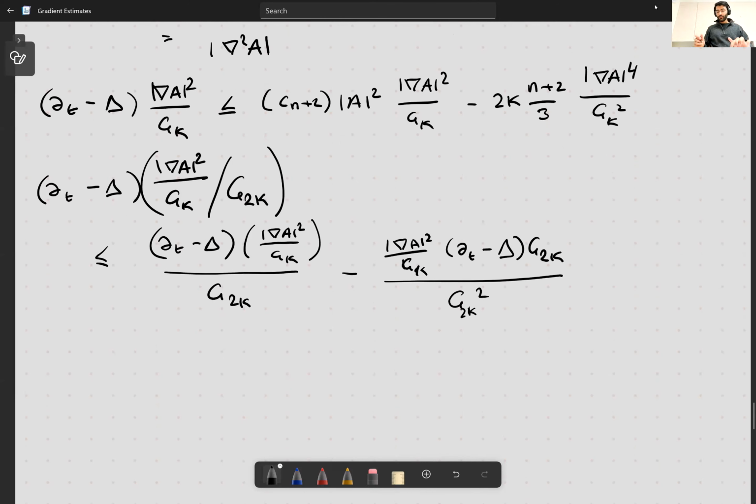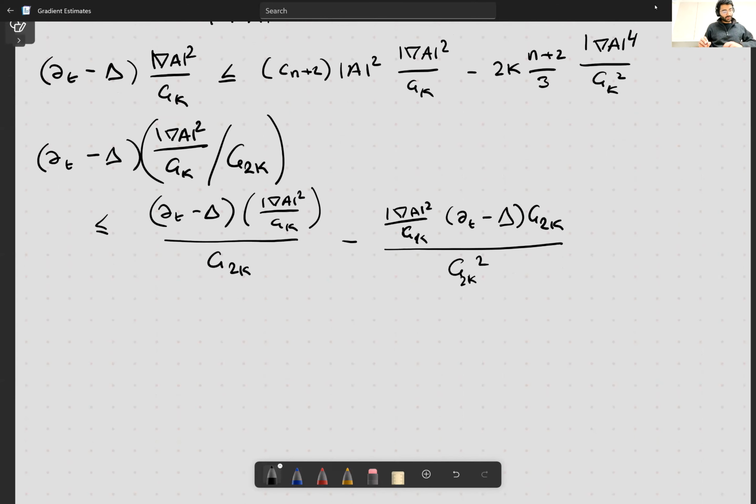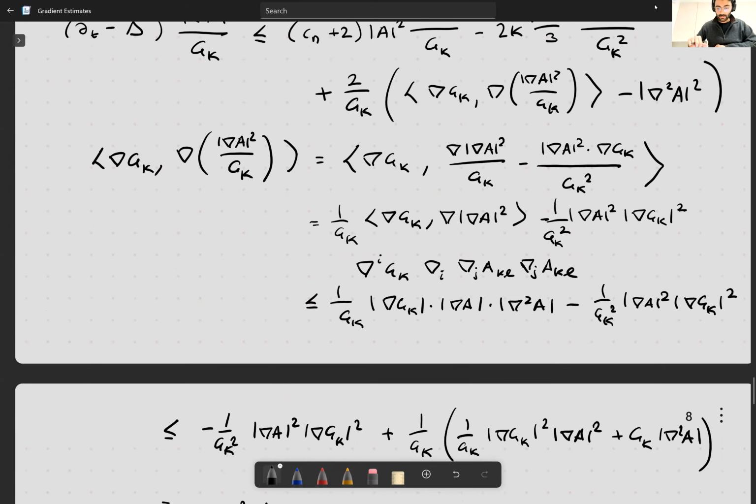Okay, so I calculated this last week. So what was that equal to? So maybe I'll just write it on the side. Partial t minus Laplacian of G2K we calculated was, I have it up here, I think.